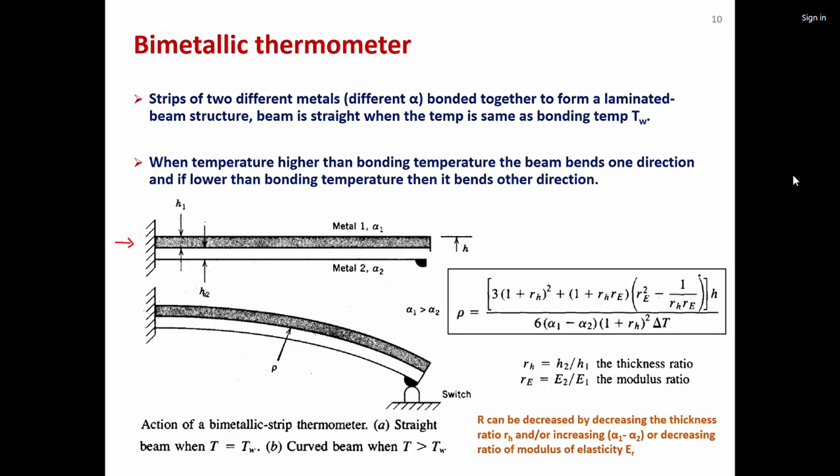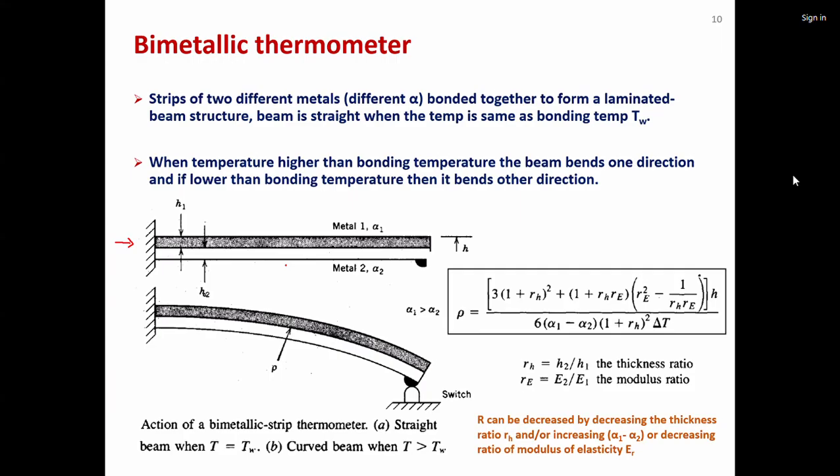And typically in a bimetallic thermometer, these two metals are bonded together at this interface. Okay, so you bring metal 1 and metal 2, you bond them across this interface to form a composite laminated beam structure.